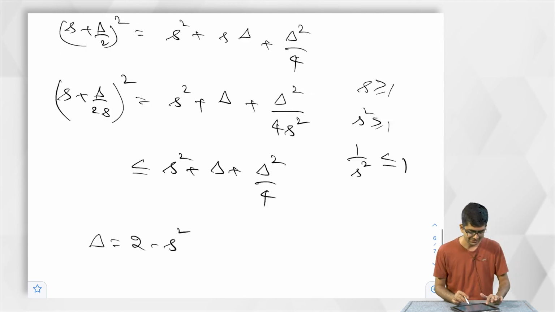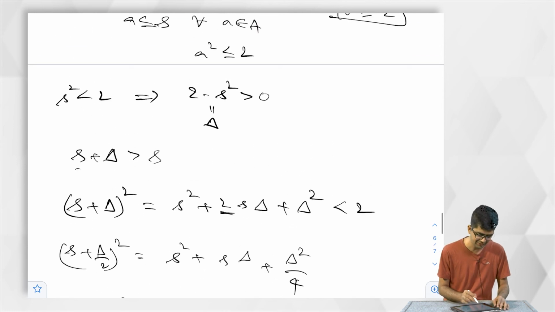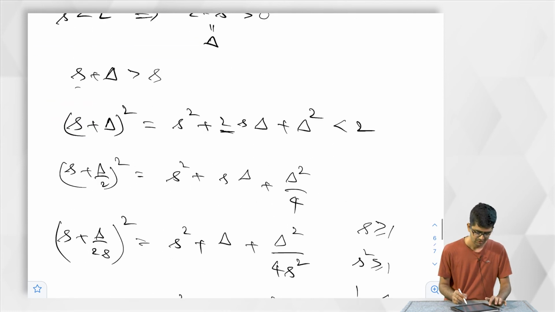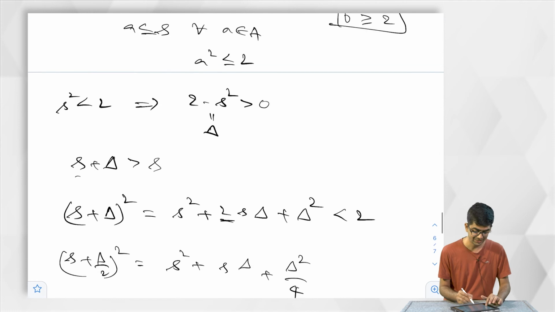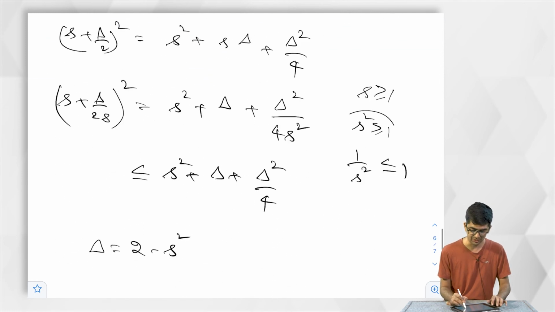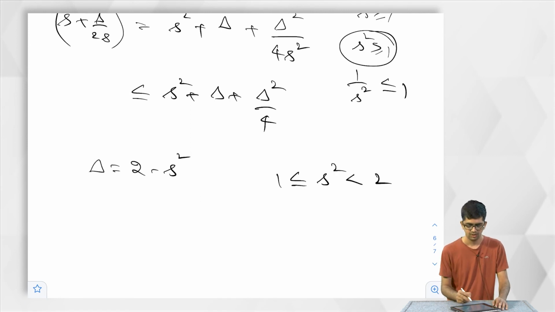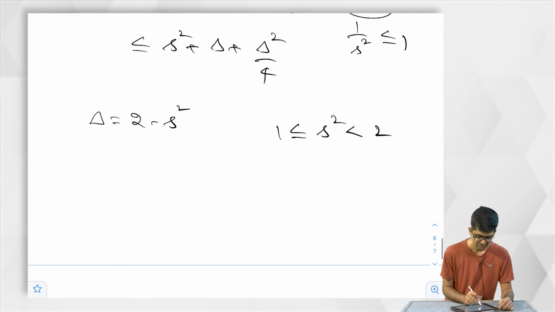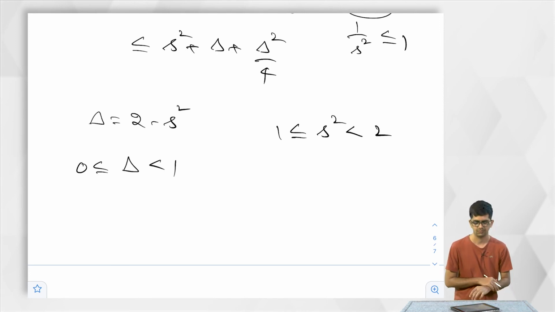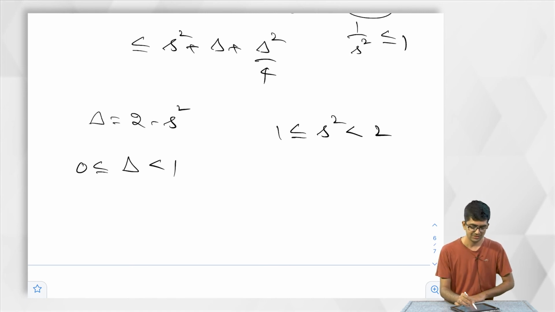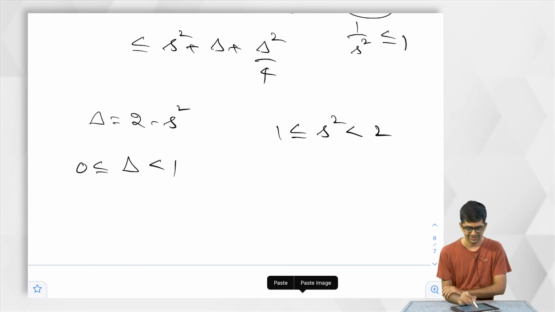S has the property that S square is less than 2, and that S square is greater than or equal to 1. That is what I said just now. So 1 is less than or equal to S square, which is less than 2. So what can we say about 2 minus S square? This delta is strictly less than 1. So because it is less than 1, this delta square is less than delta.